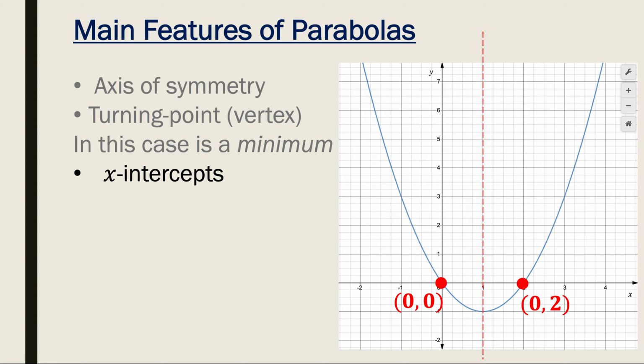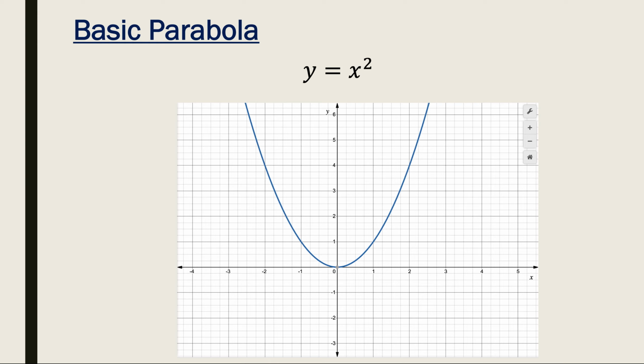Sometimes the parabola, I just want to go back to this one, look up here, is just touching the origin. So in this case, I only have one x-intercept, because the x-intercept is (0, 0).